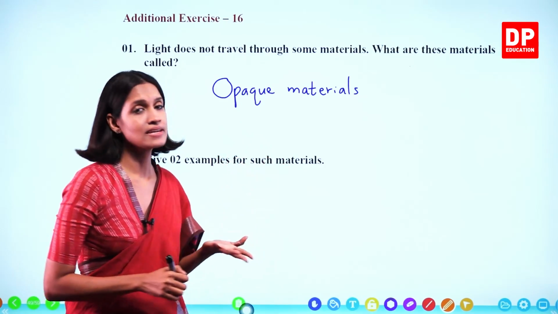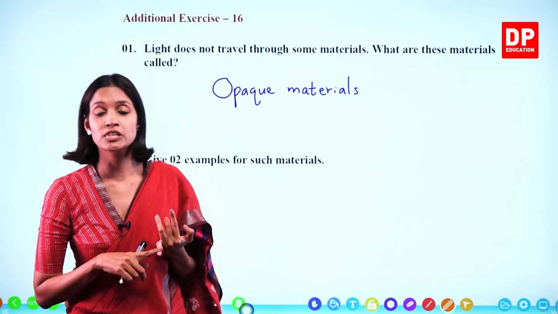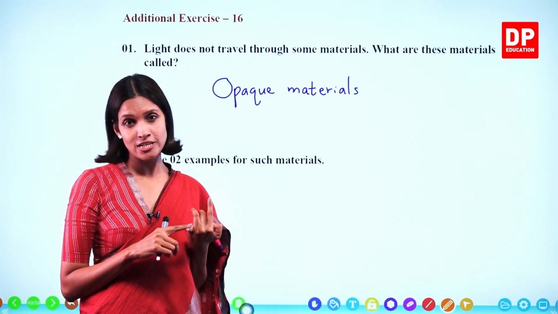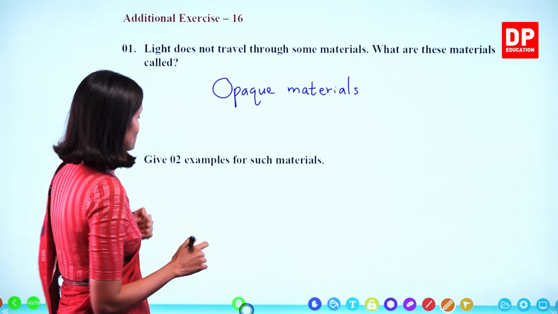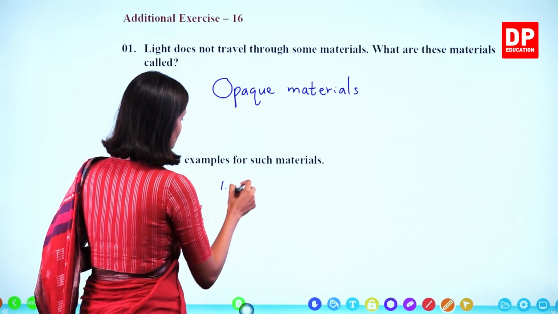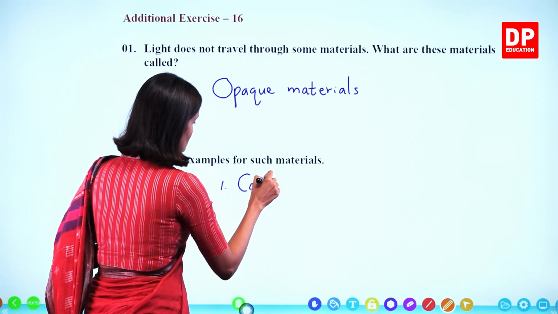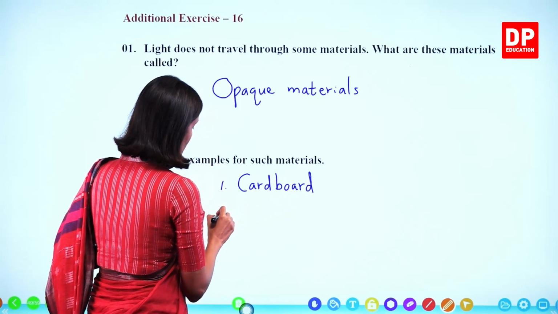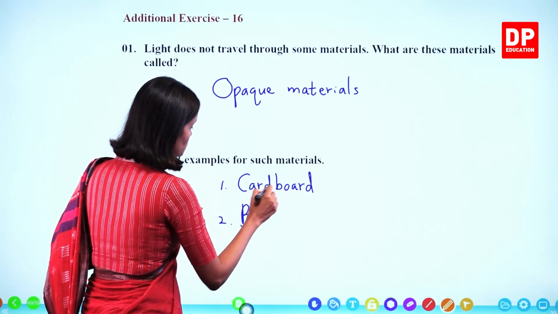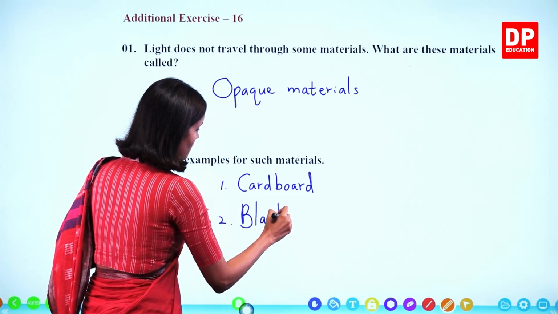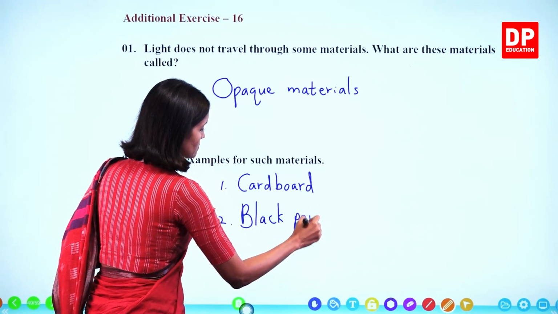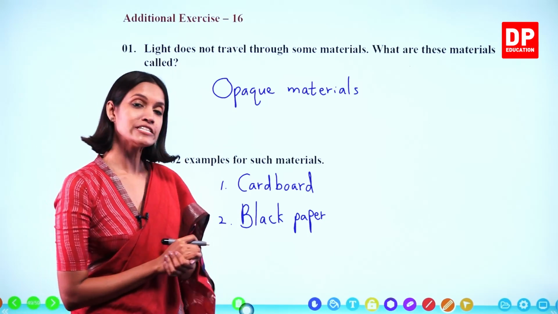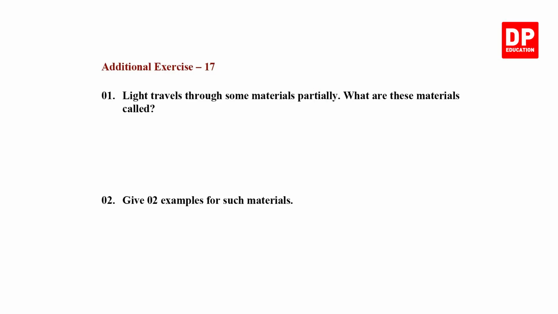Opaque materials, cardboard, black paper, wooden boards and metal sheets, they all come under opaque materials. Let's write. Cardboard, black paper, okay, children?